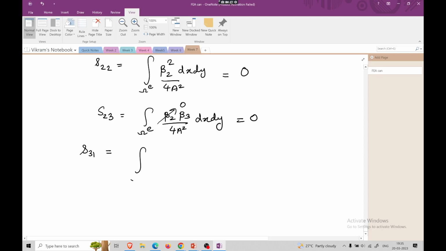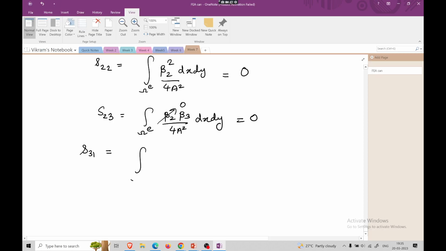So this will be 0. S33 is beta 3 square. What is beta 3? y1 minus y2, minus b. So minus b the whole square is b square. b square by 4a square into dx dy, area will be a. So this will simply be b square by 2ab.